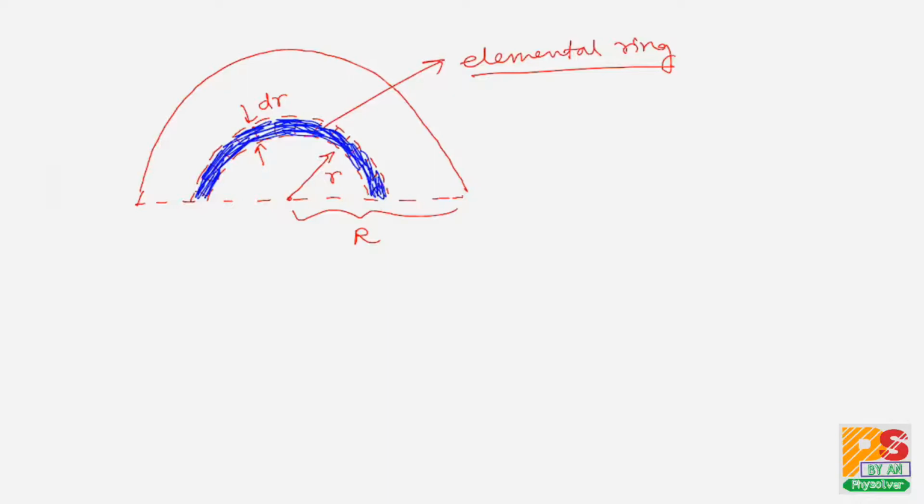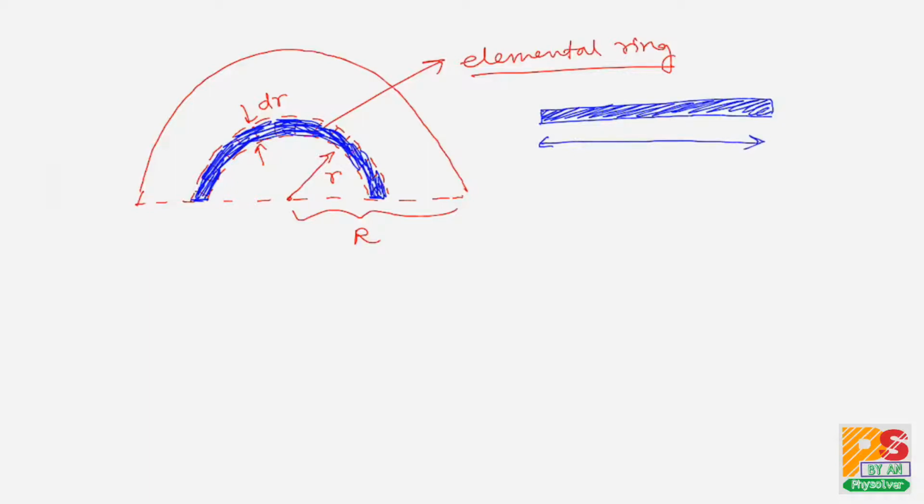Now there are two ways to find this. The first way is an easy way, and the easy way says that if you just stretch this portion along a straight line, then what will be the length of this? This is a rectangle.